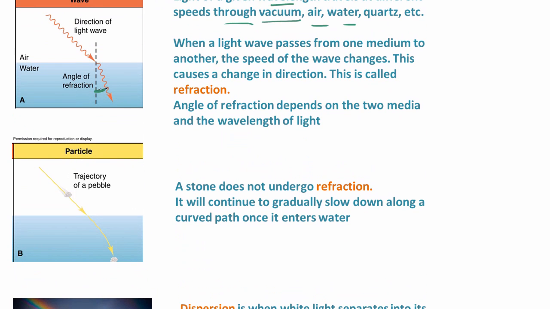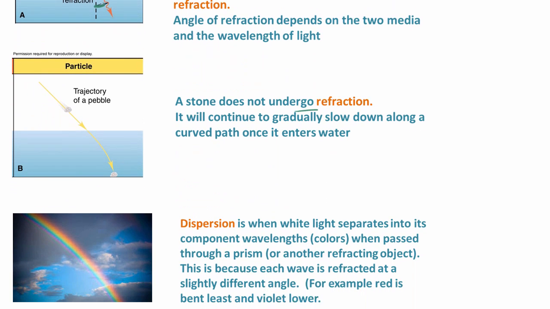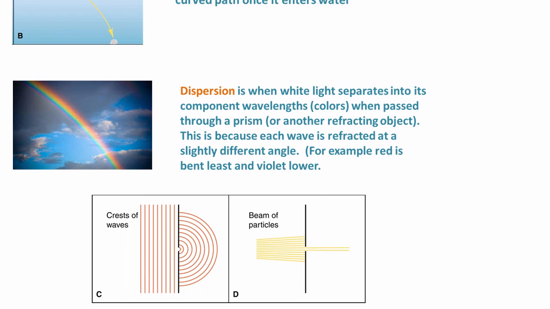Now, on the other hand, if we throw a stone into a pond, it does not undergo refraction. It's going to continue to gradually slow down along the same curved path once it enters the water. So we don't observe refraction when it comes to matter.